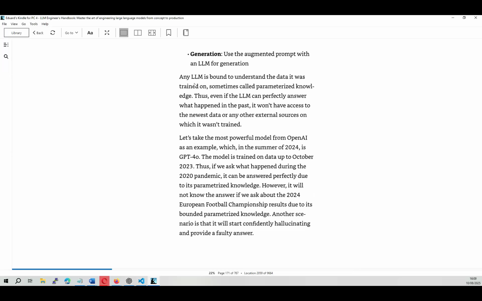Here, the authors claim that we don't need to constantly fine-tune a large language model on the new data, even private data, and they claim that this process is expensive. Probably this was true at the date of publishing this book.